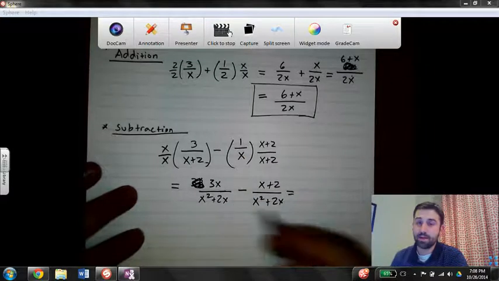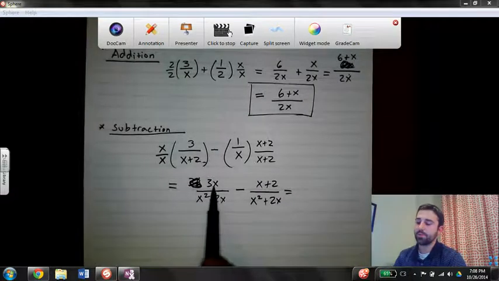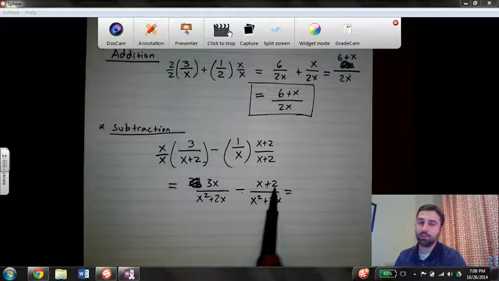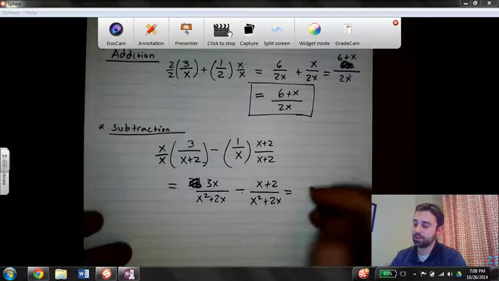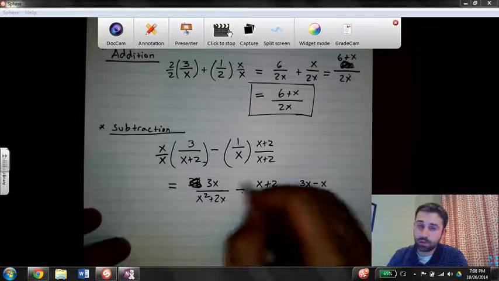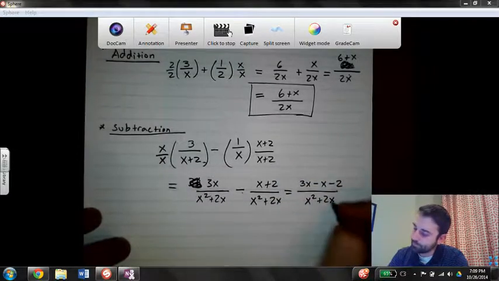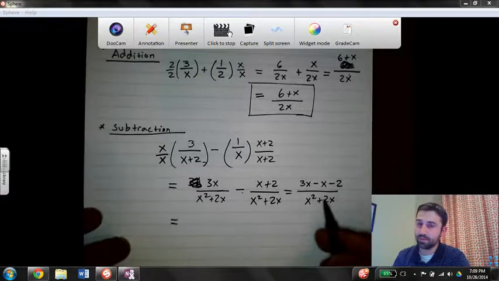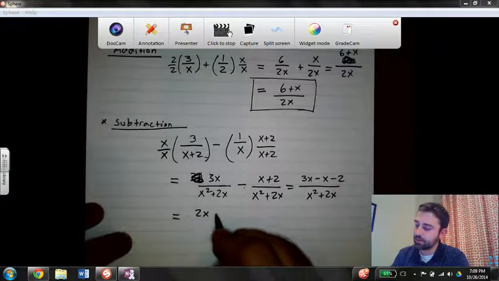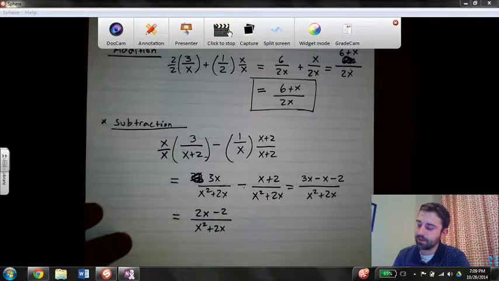Once again, I have the same denominator, so I can subtract the numerator straight across: 3x minus, or minus, x plus 2. When we do this, we want to make sure that we distribute our subtraction sign to both terms, and then we would simplify, getting 2x minus 2 divided by x squared plus 2x.